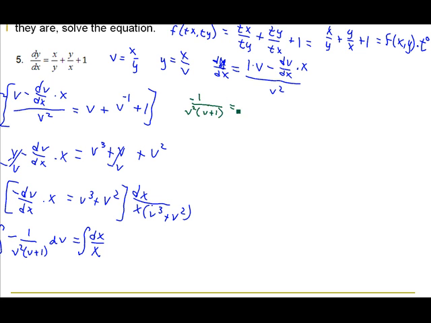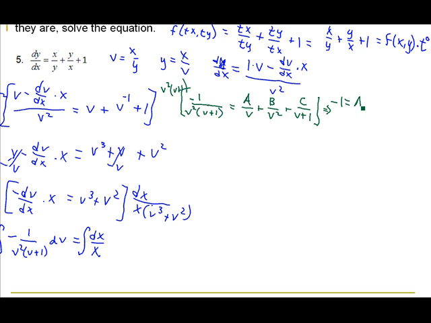When I set this up as partial fractions, that's going to be equal to a over v plus b over v squared plus c over v plus 1. And I'm going to multiply by the common denominator, which is v squared times v plus 1, so that I get negative 1 on the left side because the denominators cancel.